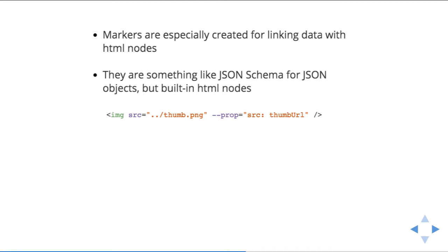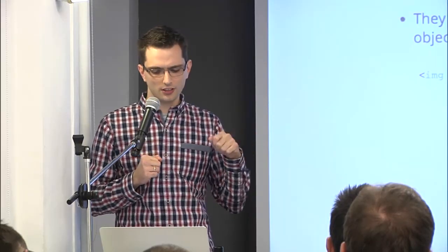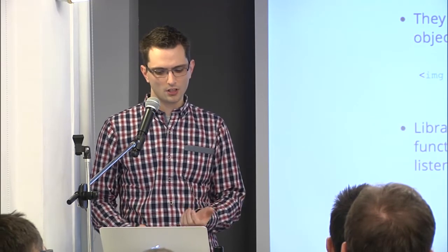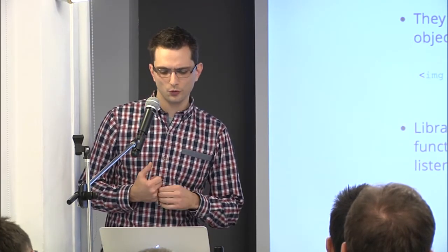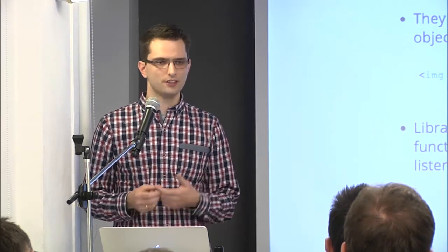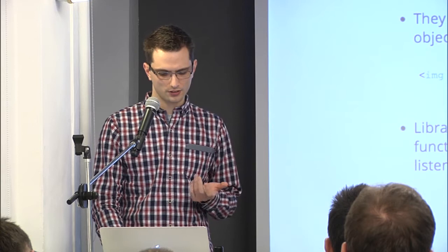We have some node, and we say that the property source is connected to the thumb URL. Of course, it's not really like JSON schema, but it's like an explanation of your data model, put into the DOM. Of course, the library provides a few more of them that I showed you already for linking arrays, working with forms, and listening for events.